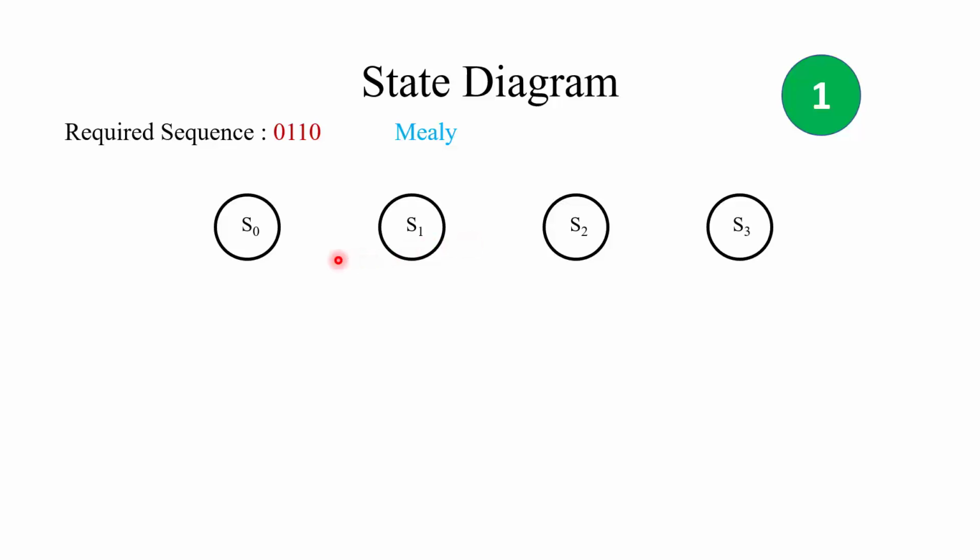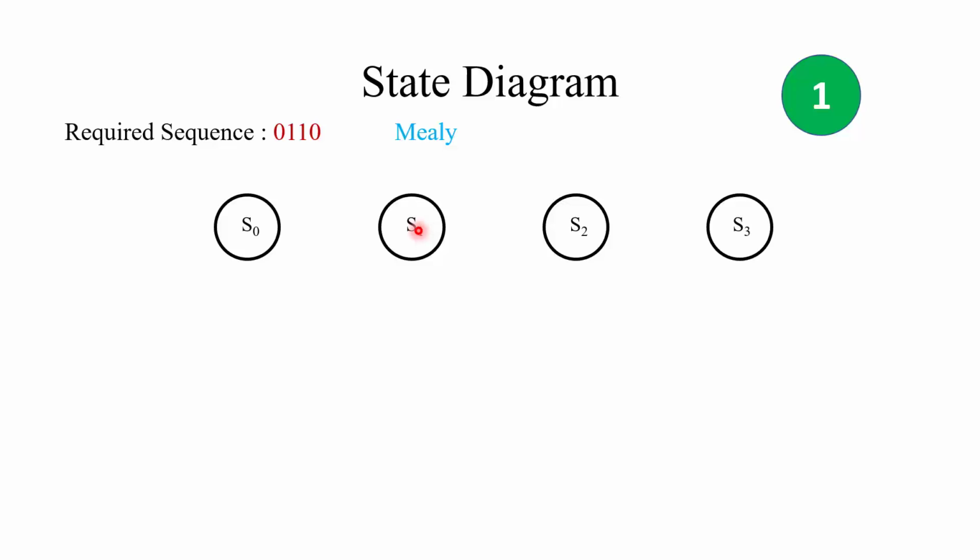Okay? The next step is we want to see state transitions between S0 and S1, S1 and S2, S2 and S3 when our required sequence is achieved. And that will only occur as the required bits arrive at the input. For example, at S0 when 0 is received, we'll transition to S1.